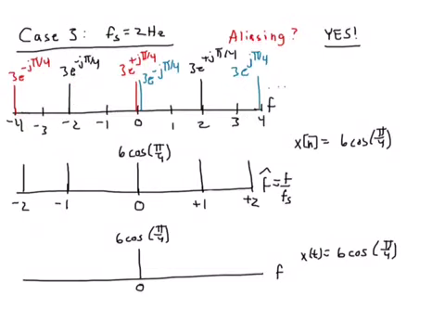But we have to add these together, so we have to add 3e to the j pi over 4 to 3e to the minus j pi over 4. And I did that on this graph below. I'm now sketching the overall spectrum that we get on this normalized scale for f hat is f over fs. For that case, we get a line here at 0, and it has a height of 6 cosine pi over 4, because that's the addition of these two things here.